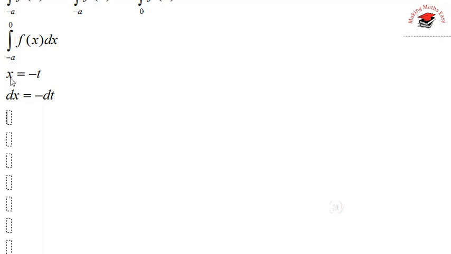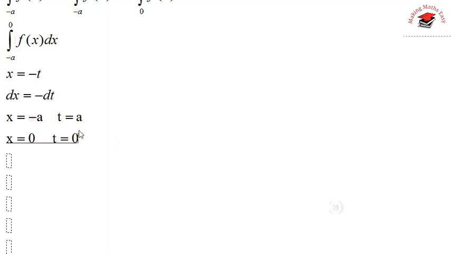And again, if I put the values for the limits: if x is equal to minus a, not a, then the value of t will be equal to a, and if x equal to 0, then the value of t will be equal to 0.